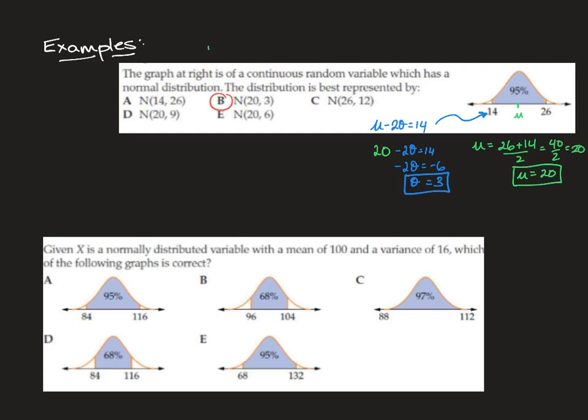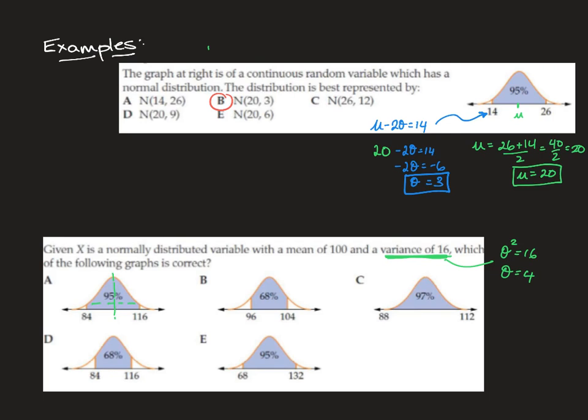For the second one, I wanted to show you a different way to think through this. You may or may not have done it this way. We've got here that the variance is 16, so sigma squared is 16, so our standard deviation is 4. If we had 95%, that means we have 2 standard deviations to the mean and 2 standard deviations to the other number.